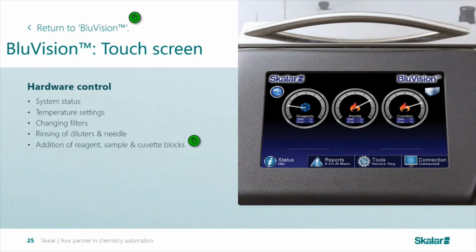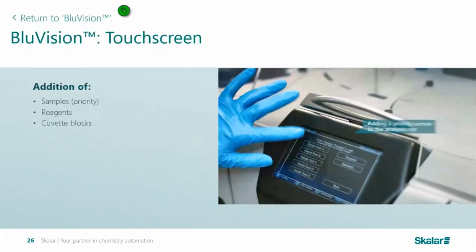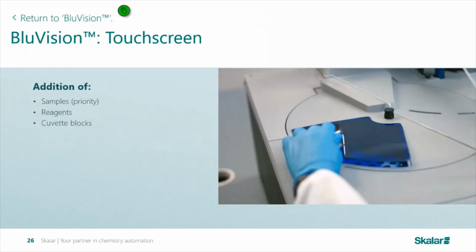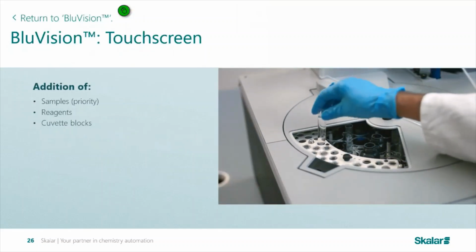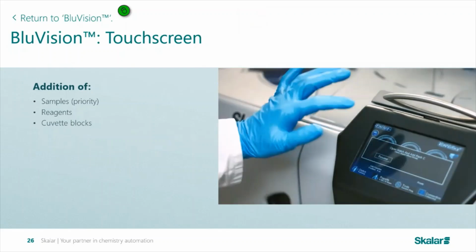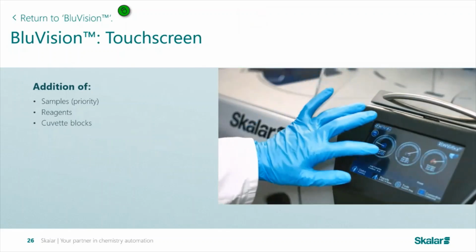That's an output of, say, the temperatures of various areas of the analyzer, the filters, the ability to change filters, and adding reagents and cuvettes during analysis. And just to give you one example of how to add a priority sample during a run, they simply follow this set of prompts, add the sample, and then they're able to close the hatch, resume the analysis, and assign the necessary tests in the software.